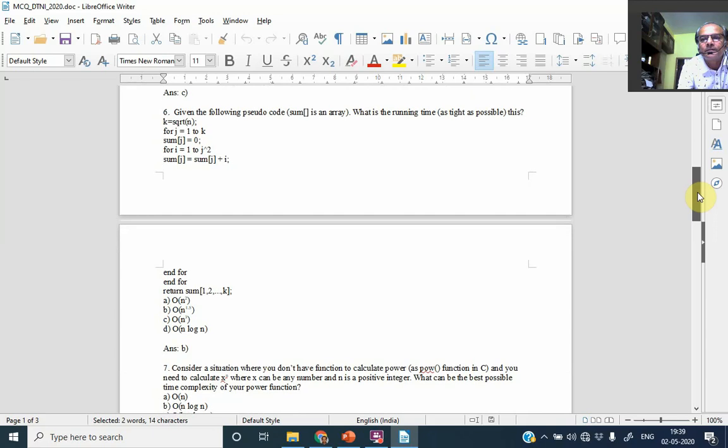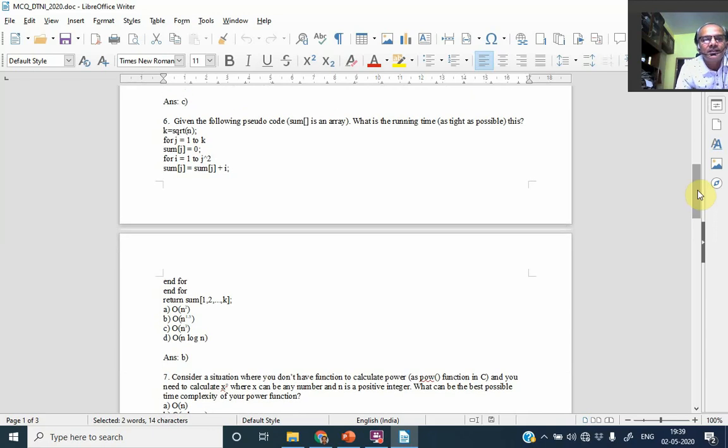number 6. You see here the pseudocode is given to you. Here k is equal to square root of n. So the outer loop will be running from 1 to square root of n, and as this is a nested for loop, the outer loop will run square root of n times.